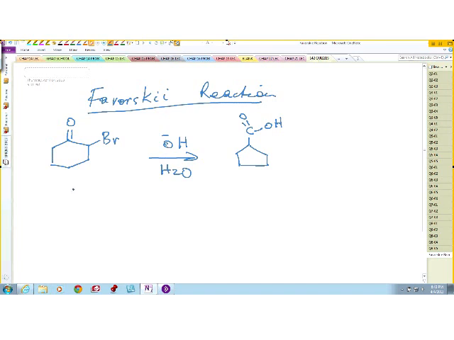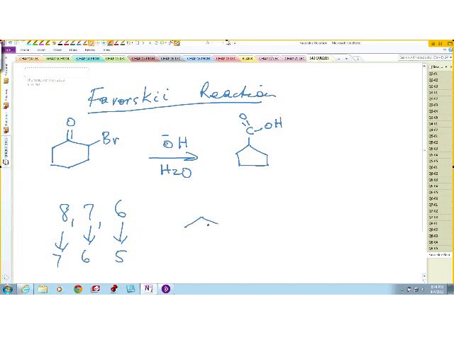So generally we'll say anywhere from 8, 7, and 6, because the 8 will become a 7-member ring, the 7 will become a 6-member ring, and the 6 will become a 5-member ring.